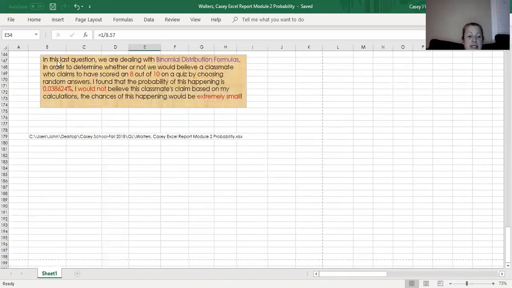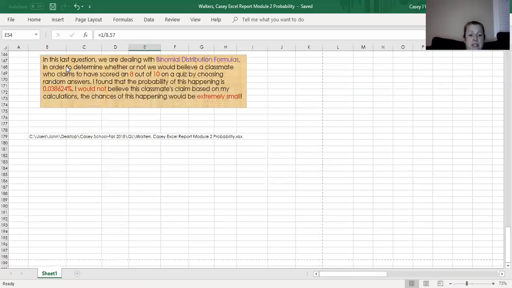Anyway, basically in this last question, we were dealing with, like I said, the binomial distribution formulas in order to determine whether or not we would believe a classmate who claims to have scored an 8 out of 10 on a quiz by choosing random answers. I found the probability of this happening is 0.038624%.